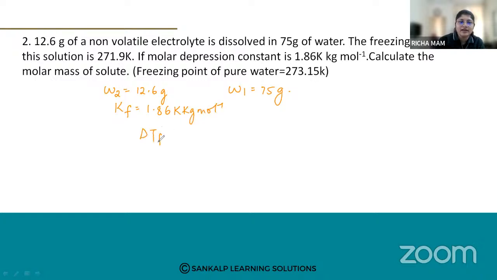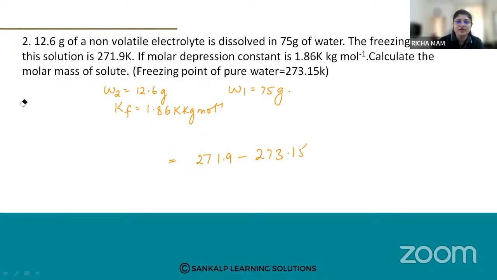Then delta Tf is equal to Tf minus Tf naught, freezing point of pure water, 271.9 minus 273.15.